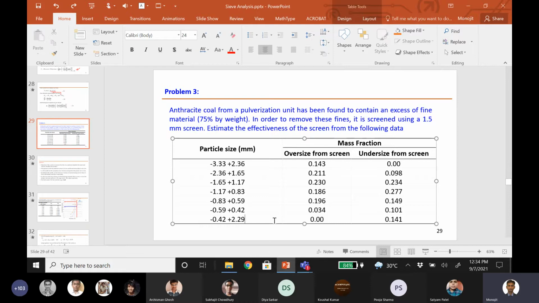Let me check. It should be 0.29. All right, so that was the confusion for me. Thank you. Because this has to be smaller than that.